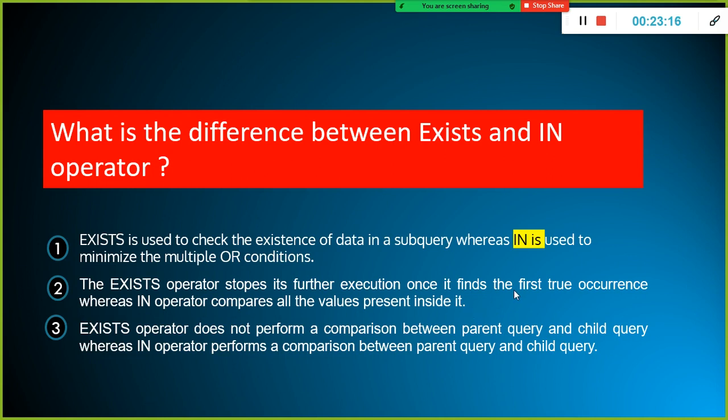As soon as it finds the first true occurrence, this one will get executed, whereas the in operator compares all the values presented inside it. The exist operator does not perform a comparison between parent query and child query, whereas the in operator performs a comparison. Exist operator is helpful in checking the existence of the record in the subquery.